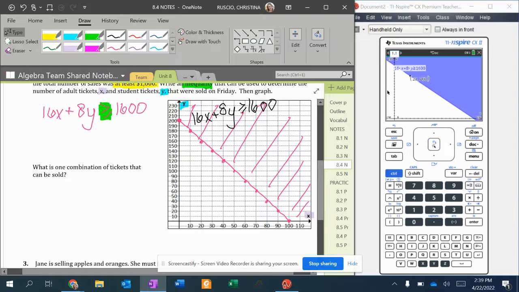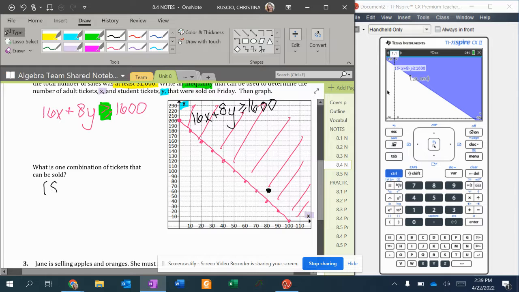All right, what is one combination of tickets that can be sold? Well, the sky's the limit here. I mean, we have infinitely many solutions. We have not only a solid line, so any solution on the line is going to answer the question and make the inequality true, but any other point on the graph in the shaded area will. So let's see. I'm going to pick this point here, 80, 60.